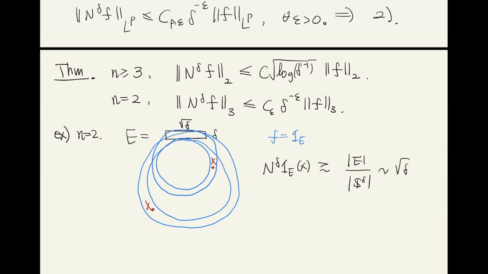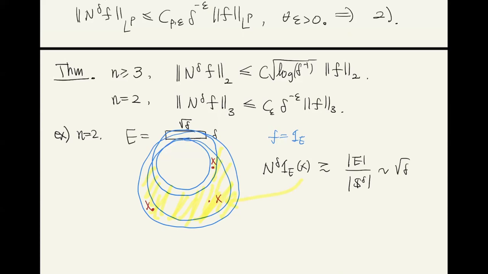And this is not only true for those x, but in fact, any x in this part. That's because we can consider annuli of other radii in between 1 and 2.